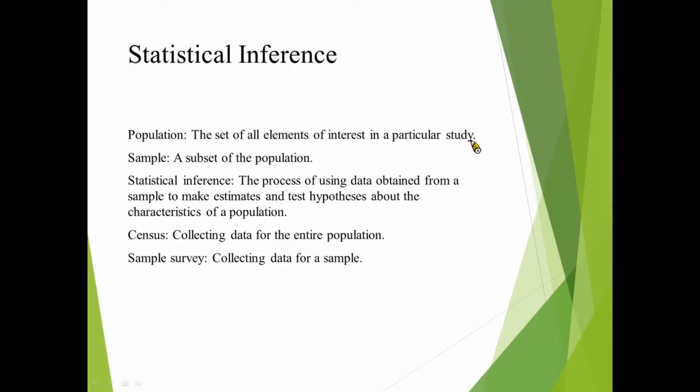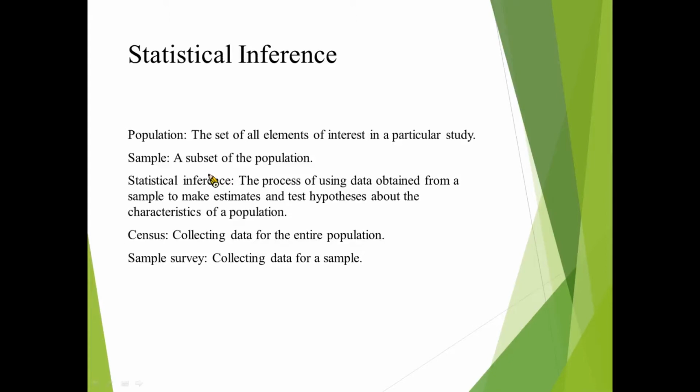So you need to know the population and the sample, a subset of the population, because when you do the survey, not all of them you will collect, because it is time consuming. Maybe some respondents fill out the questionnaire but they didn't finish.